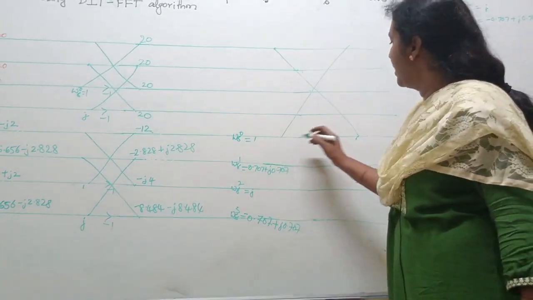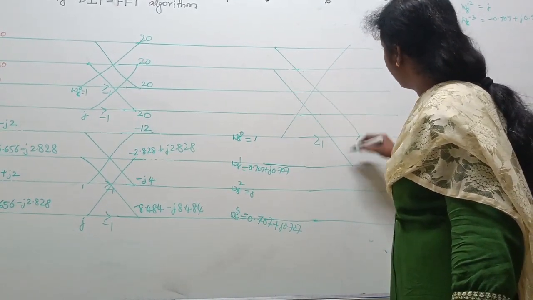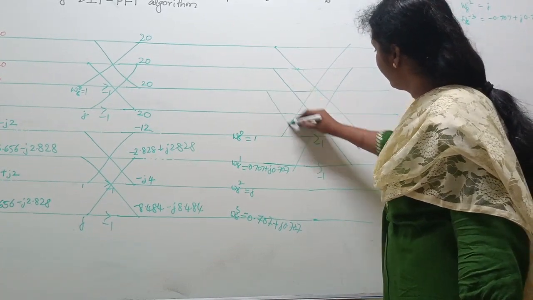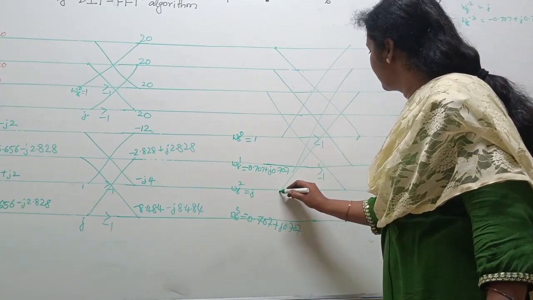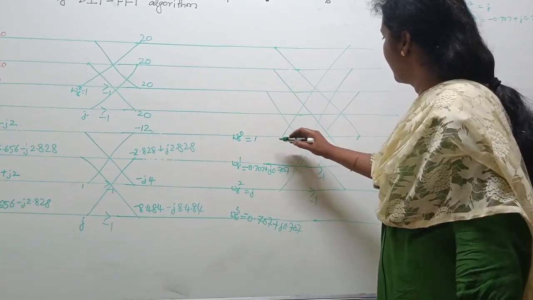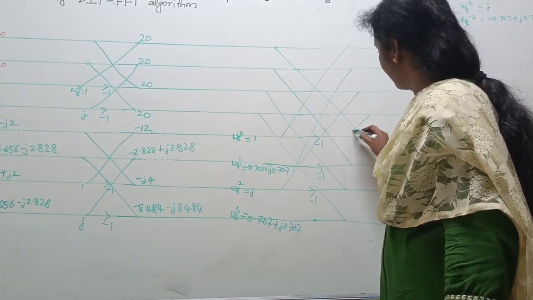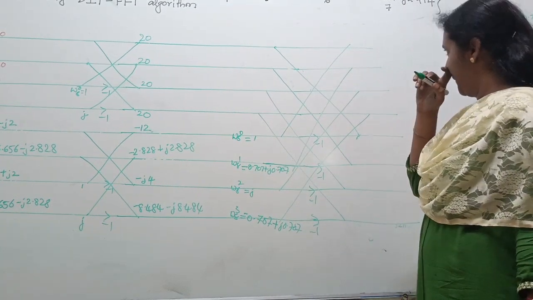You have to multiply with minus 1. So this is 1. And next you have to multiply with minus 1. Minus 1. And then multiply with minus 1.